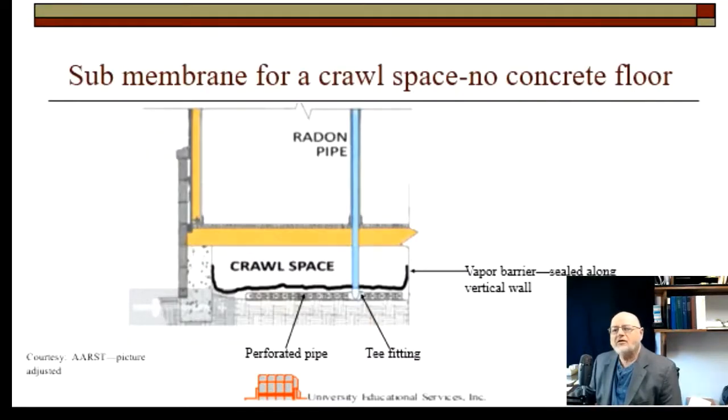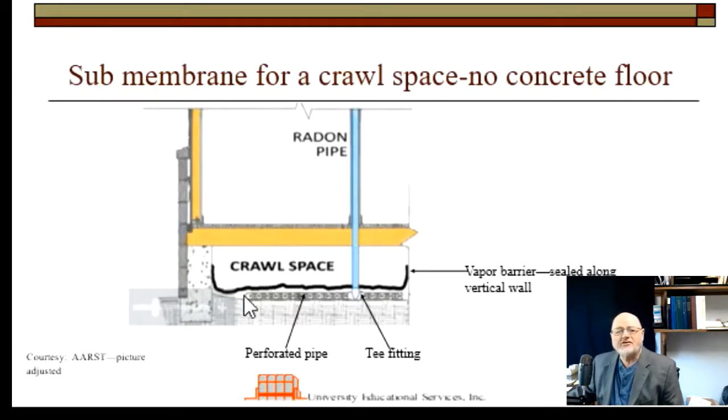Next, I want to consider crawl spaces. And really, there are two choices for crawl space. Either you have a gravel base or you do not have a gravel base. And I want to look at two options for those. And you can see from this image here that the crawl space is going to look a lot like what we've been doing.